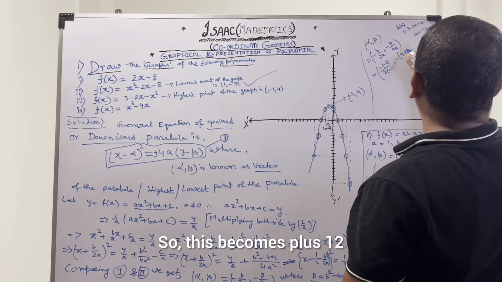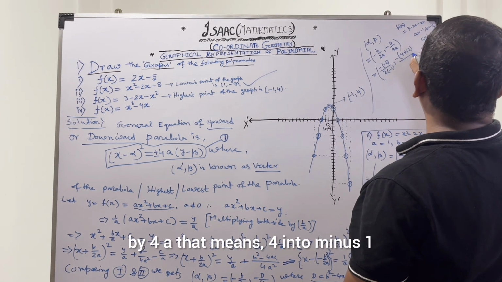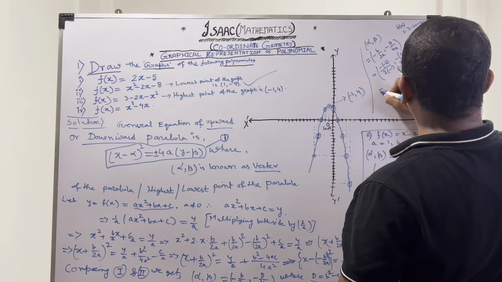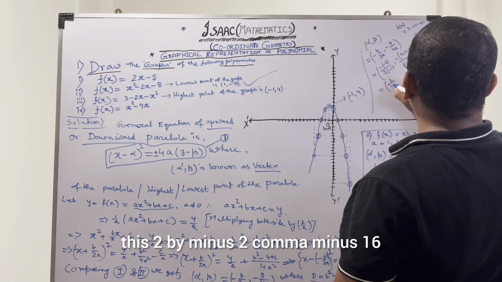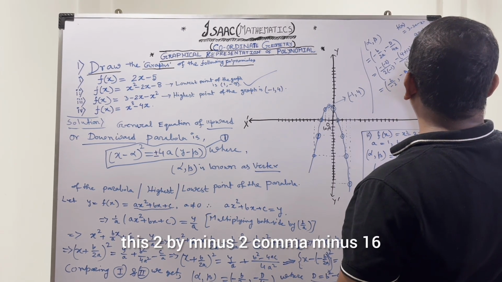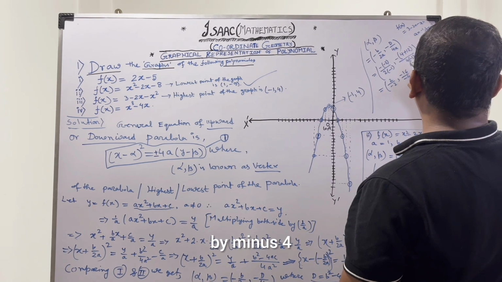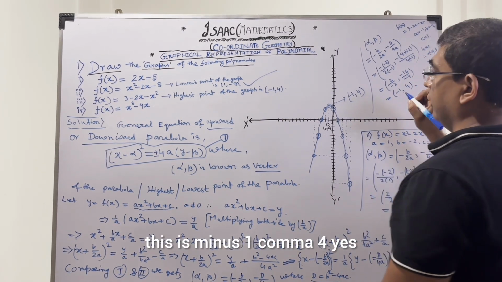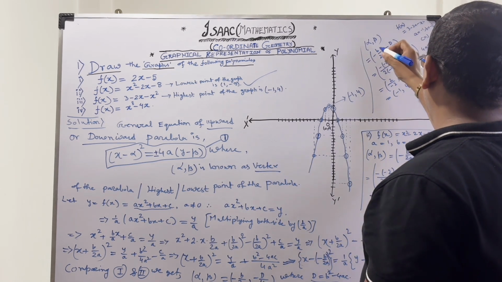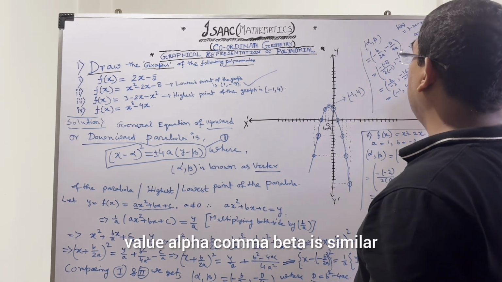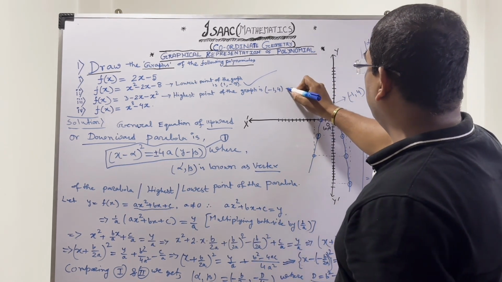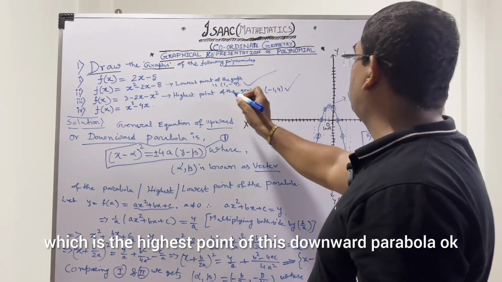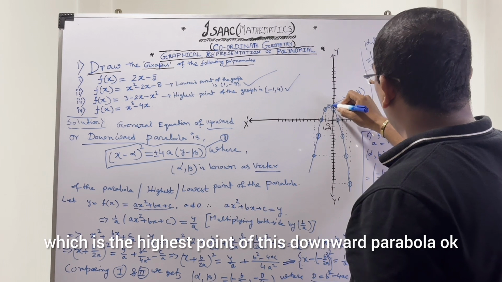So this becomes plus 12, by 4a, that means 4 into minus 1. This is 2 by minus 2 comma minus 16 by minus 4. This is minus 1 comma 4. So this value alpha comma beta is equal to minus 1 comma 4, which is the highest point of this downward parabola.